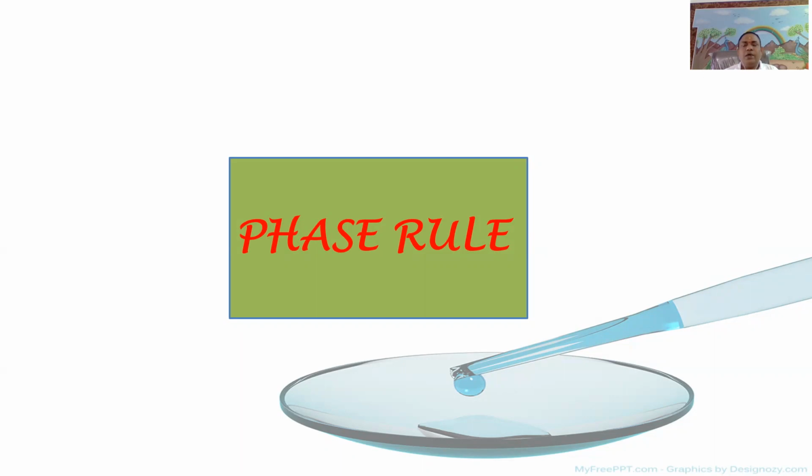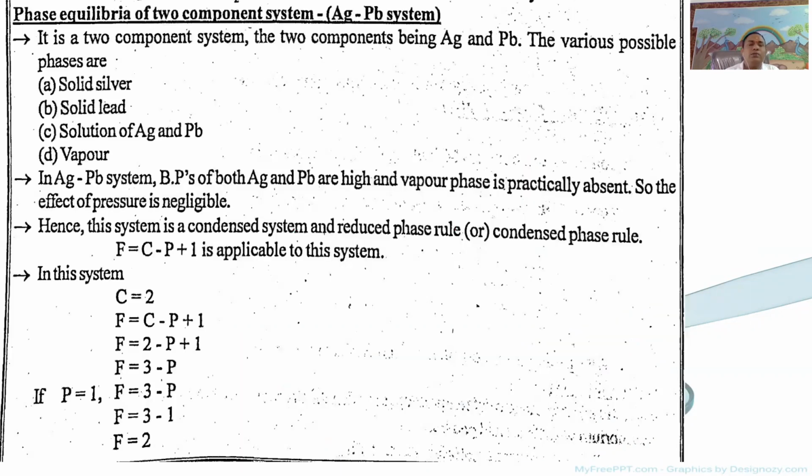Therefore, we keep pressure constant. Therefore, for a two component system, a reduced phase rule is applicable. That is, P plus F equals C plus 1, called the reduced phase rule.